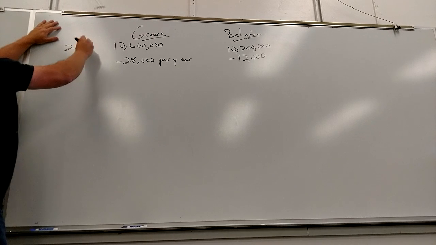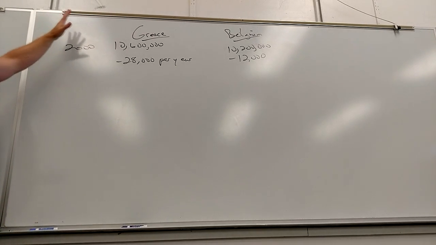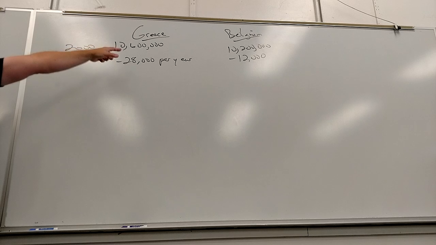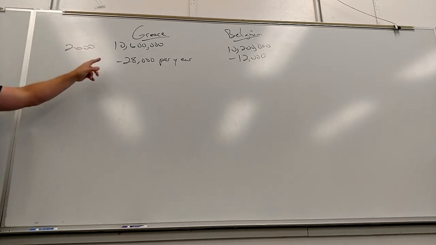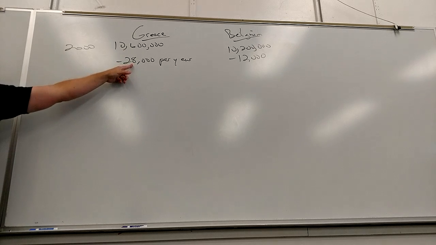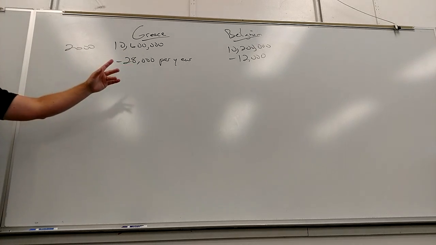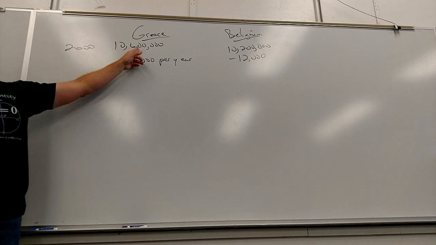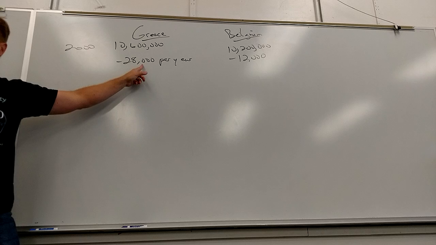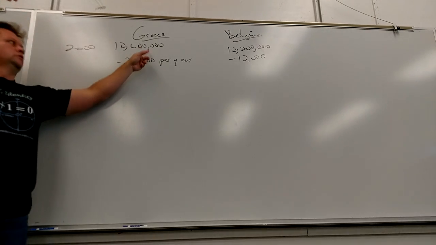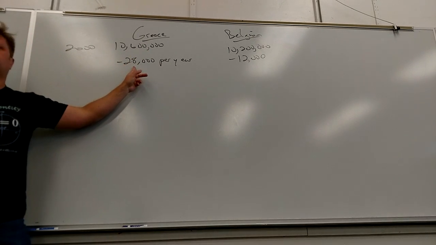So this is the year 2000. So in the year 2001, how many people would be in Greece? What would you do? Subtract 28,000. In the year 2002, you would take 10,600,000 and subtract 28,000 twice. In 2003, it'd be 3 times, right?